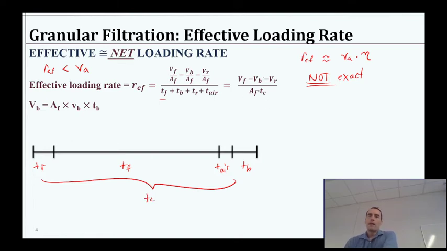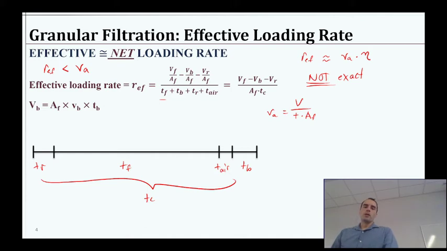And so we can simplify that equation by saying that's going to be the volume over the area times time, right? That was our equation a few minutes ago, saying loading rate is that volume over time per area. In this case, that's exactly what this is, but we're also subtracting the amount of volume we wasted during backwashing and rinsing.